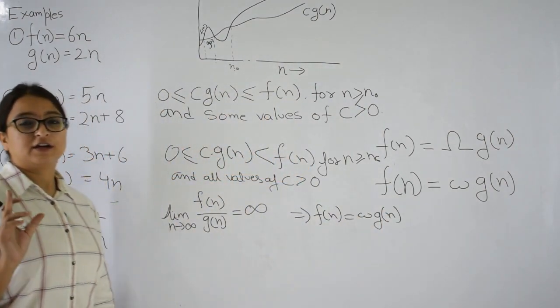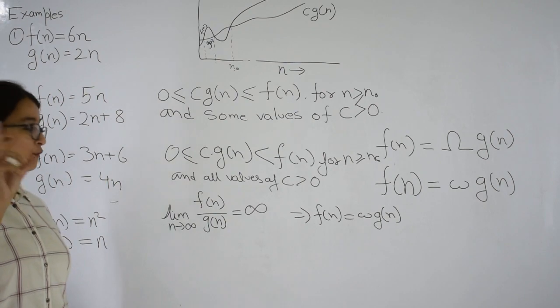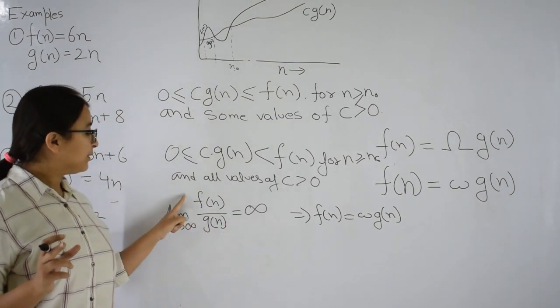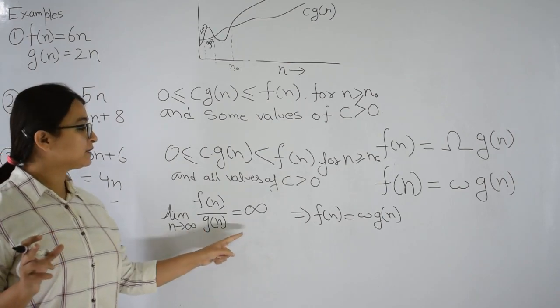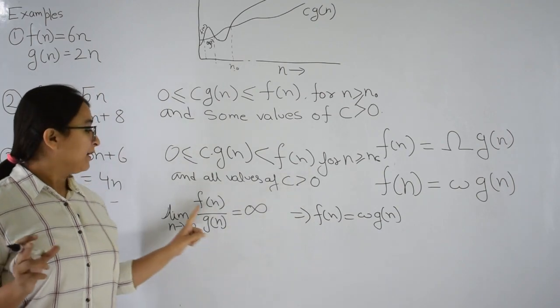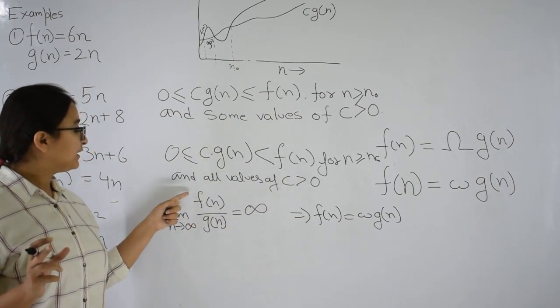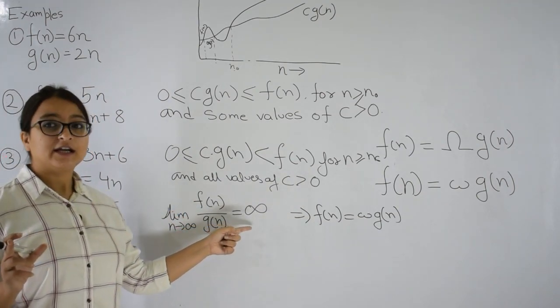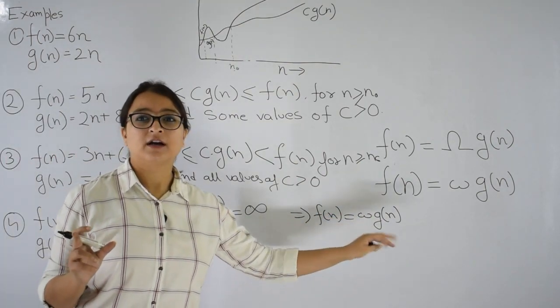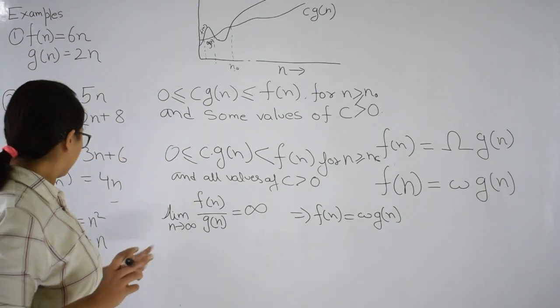Just to make the difference clear, in case of small o, this result should be 0. When the limit of f of n upon g of n is 0, we say that f of n is small o of g of n. When limit n tends to infinity, f of n upon g of n is infinity, we say that f of n is small omega of g of n. We may try it for this.